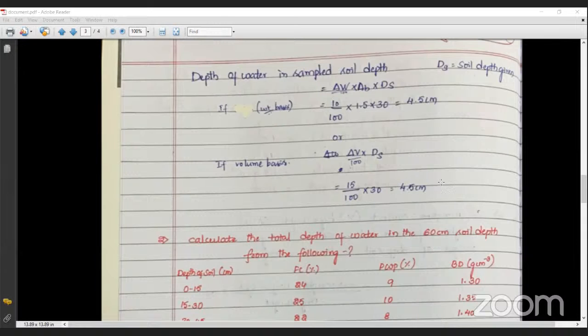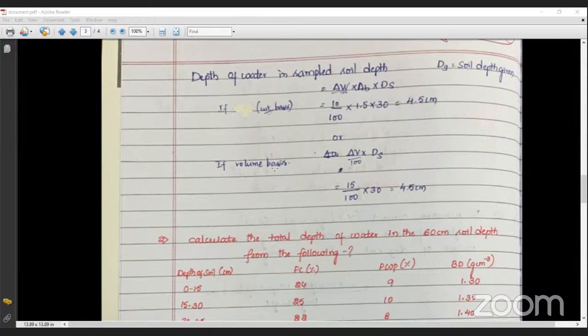Here you can expect only this question: what is the depth of water in the sampled soil depth of 30 centimeter when the percent soil moisture content on the volume basis is 15%. This is a clear-cut question. While solving the problem, first you have to analyze what parameters are given.